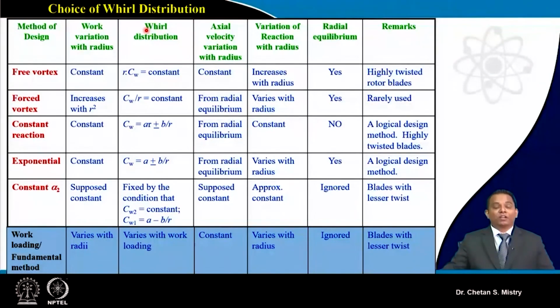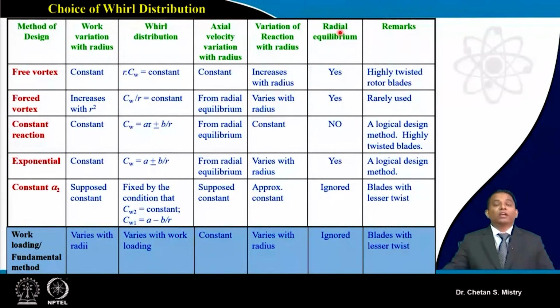I'll be having my whirl distribution as R into Cw equal to constant, and the axial velocity we are also assuming to be constant. We have derived that the degree of reaction varies all the way from hub to tip, and this satisfies our radial equilibrium equation.